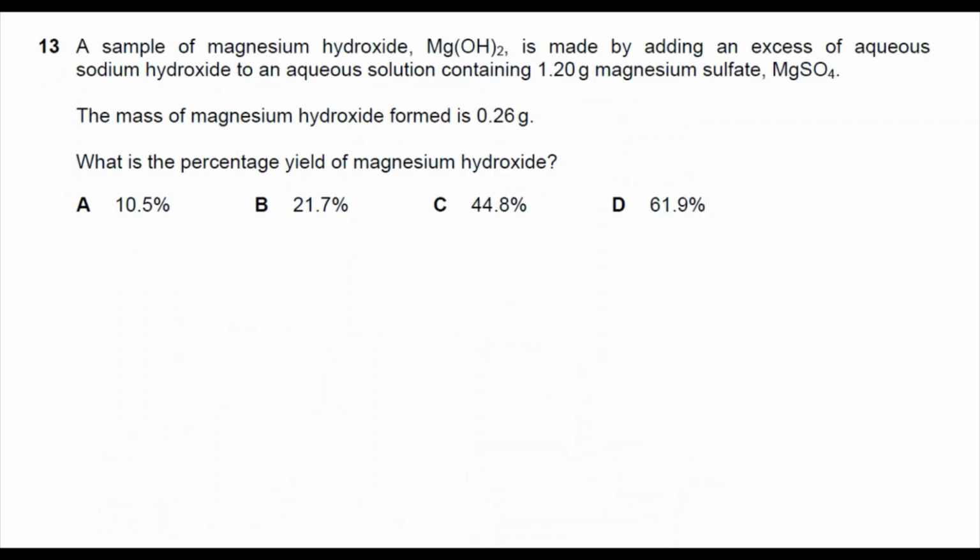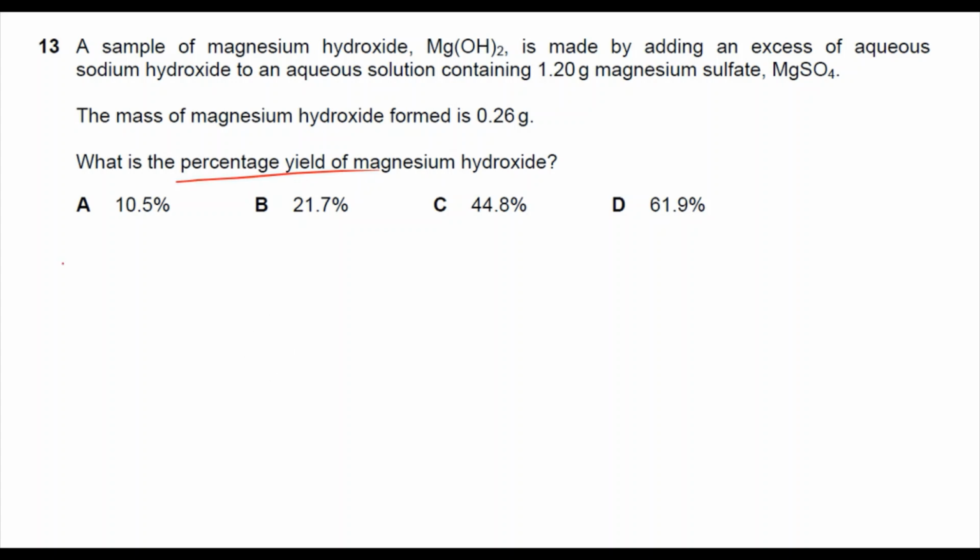Question 13. A sample of magnesium hydroxide, Mg(OH)2, is made by adding an excess of aqueous sodium hydroxide to an aqueous solution containing 1.2 grams of magnesium sulfate. The mass of magnesium hydroxide formed is 0.26 grams. What is the percentage yield?